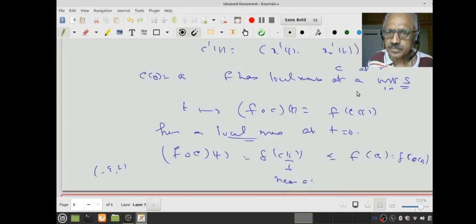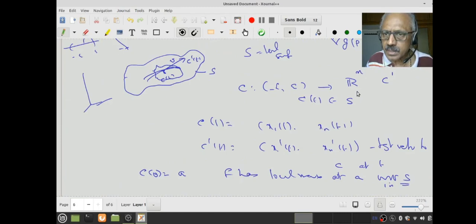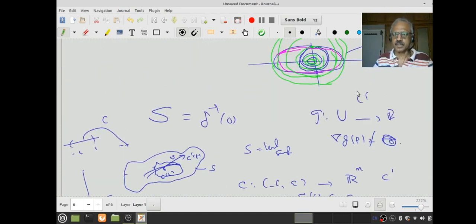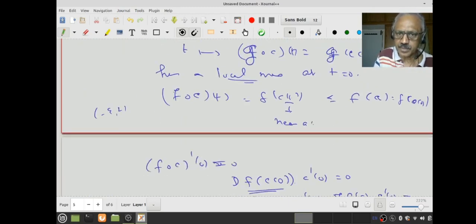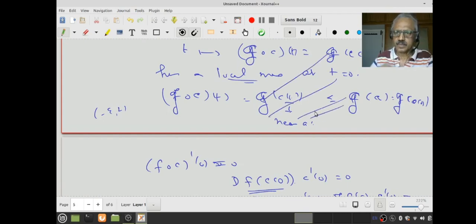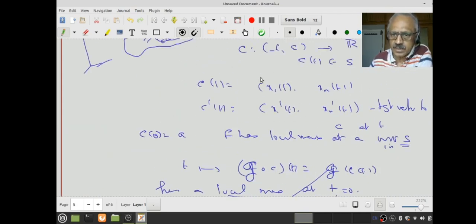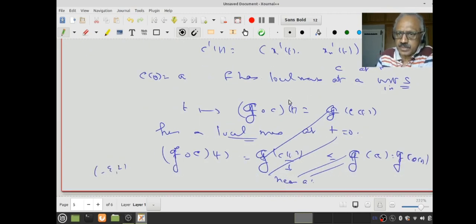Sorry, this is G. I am looking at a level set, I just changed the notation. This is G, the level set is defined by G. I'm sorry for the goofing. Okay, let us go back.